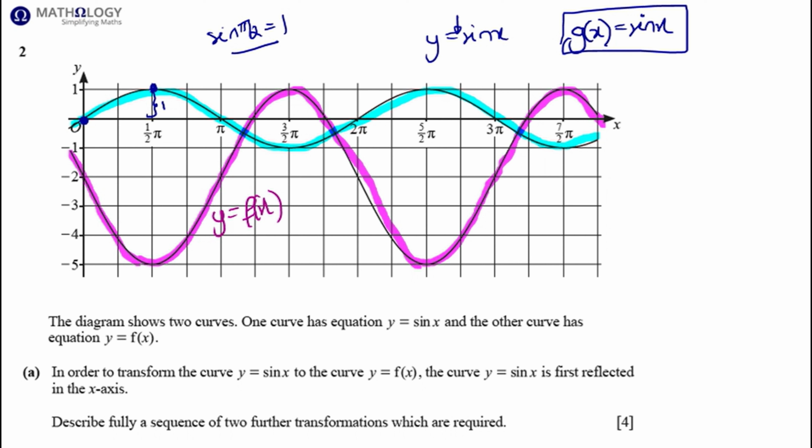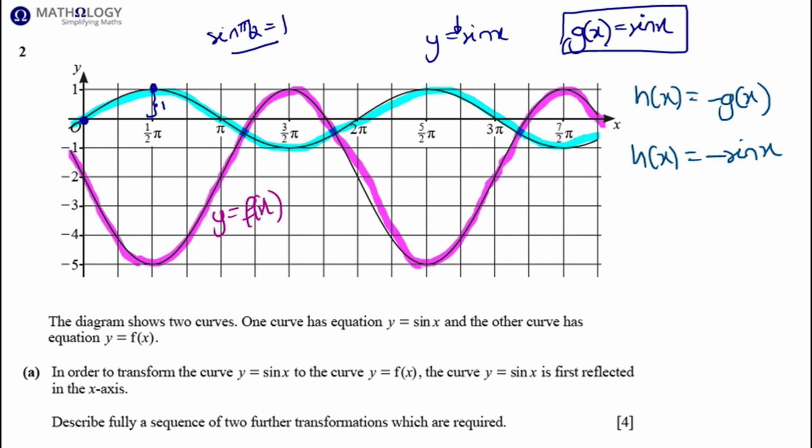A reflection about the x-axis means we change the sign of y. So if the reflection about the x-axis is h of x, then h of x will be minus g of x. So h of x is going to be minus sin x.